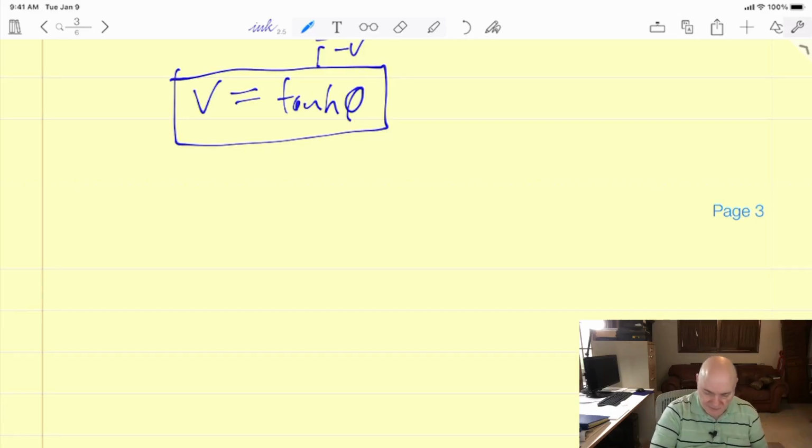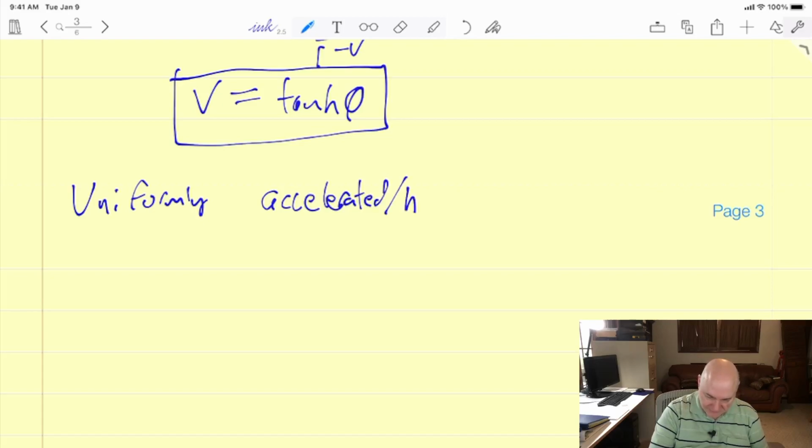Now I want to do uniformly accelerated motion, which is also called hyperbolic. It seems we're always getting hyperbolic in special relativity.